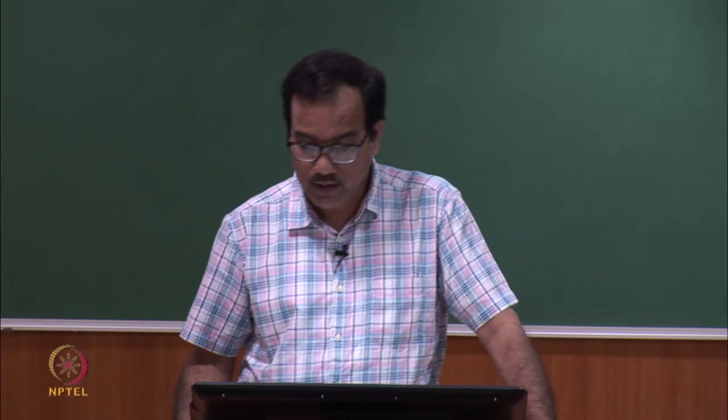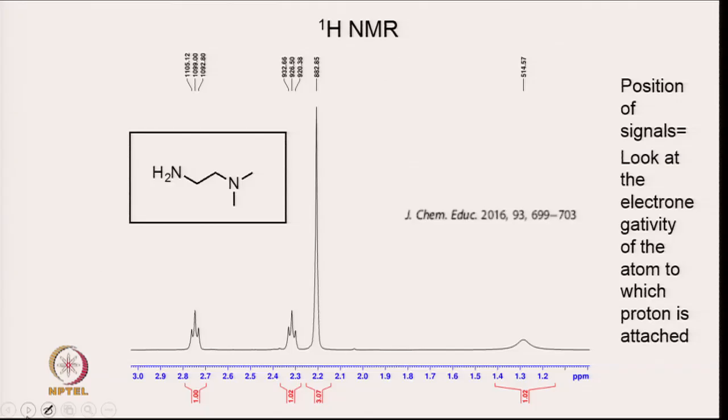You can also look at the position of the signal. For that you need to look at the electronegativity. This should come at a smaller chemical shift, and this should come at the highest chemical shift, because this is attached to an electronegative atom.